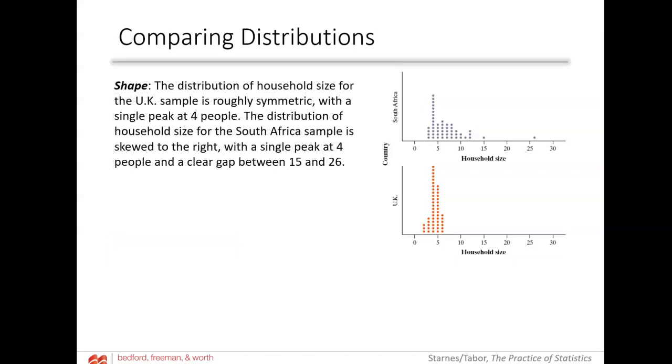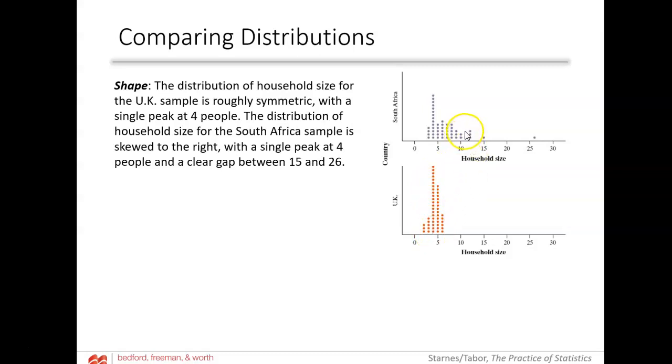All right, let's see what they did here. So for shape, notice the context here, the distribution for the household size for the UK sample is roughly symmetric. Oh, I got nervous for a minute because I thought this was UK. This is UK. All right, roughly symmetric, agreed, with a single peak that must be at 4 people.